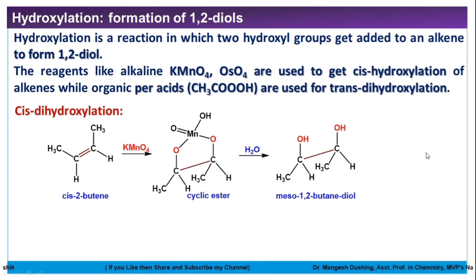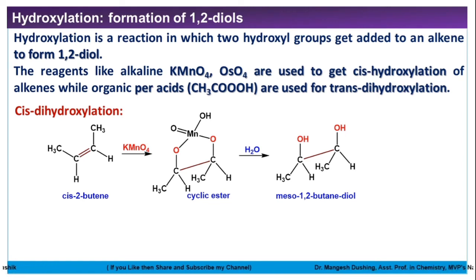If you pass the plane through this carbon-carbon bond, these are the mirror images. See OH, OH, CH3, CH3, H, H. So the compounds which possess a plane of symmetry are called meso compounds. So the product is meso 1,2-butane diol. The plane is passing between this carbon and carbon. You can see the mirror images. So the product is meso.